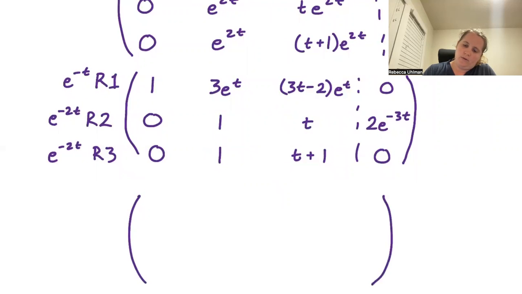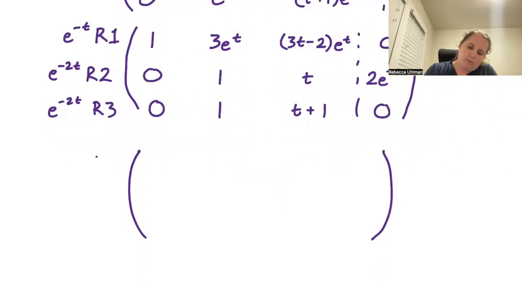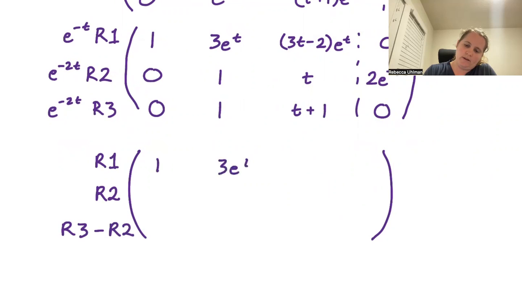If we now leave row 1 alone, leave row 2 alone, and do row 3 minus row 2 for the last row, we would have 1, 3e to the t, 3t minus 2 times e to the t, with augmentation 0 for our first row.